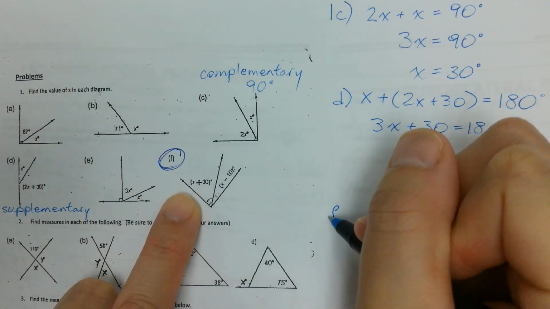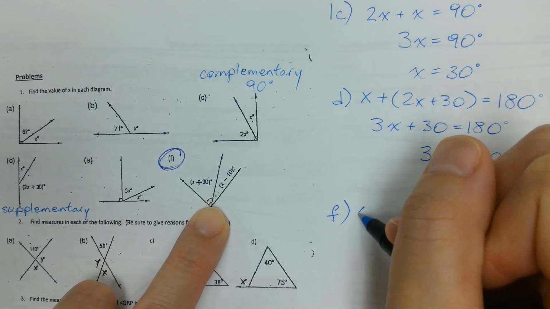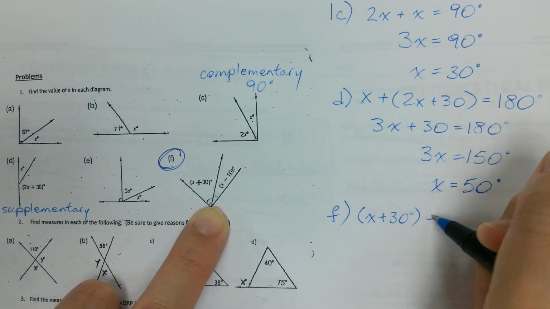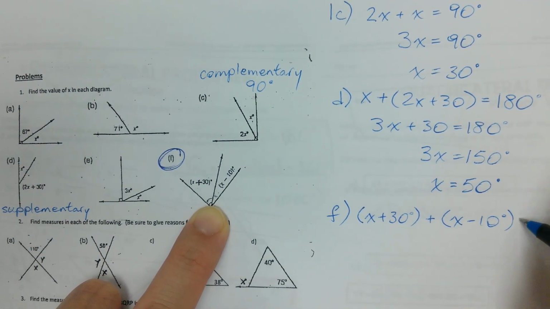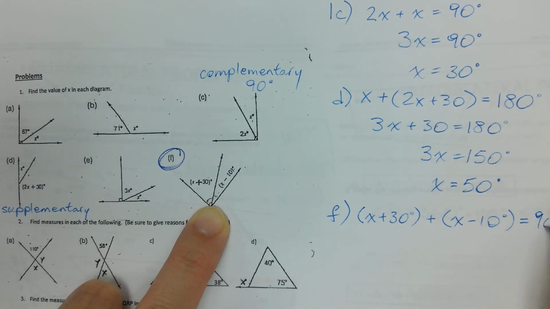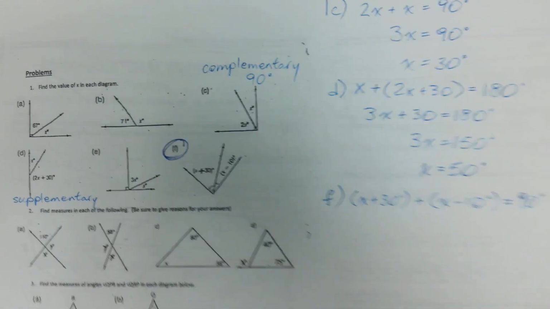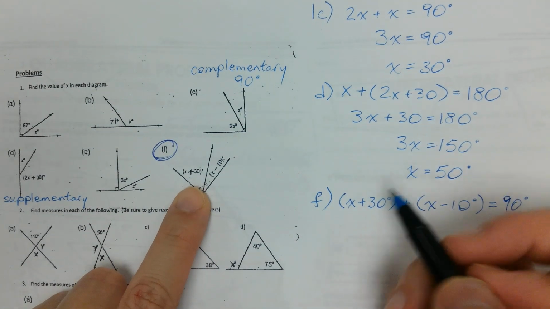This last one right here, F. So what do these two angles add up to? Anybody? 90, good. Add up to 90 degrees because of complementary again. So collect like terms.